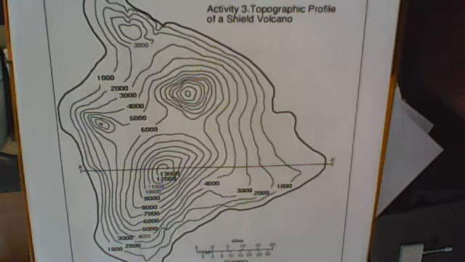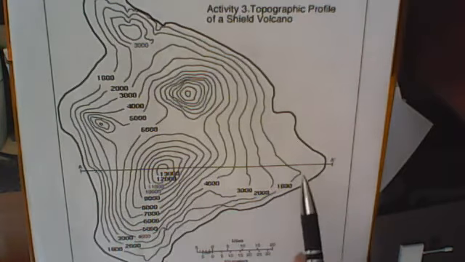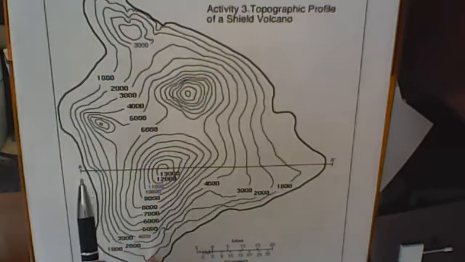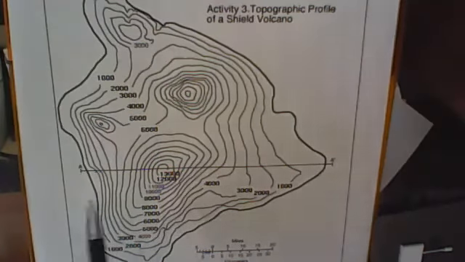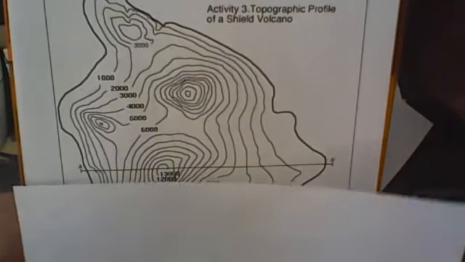So the first thing that you do to draw, now what we're doing is we're making a profile. What does this look like sideways as a profile? So we're going to draw a profile from this point to this point across that line. That's the profile line.